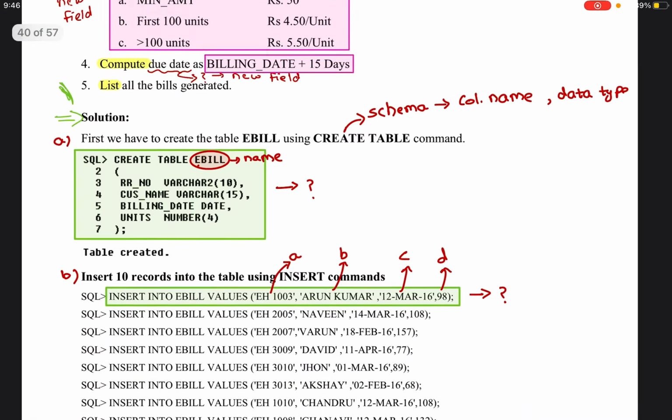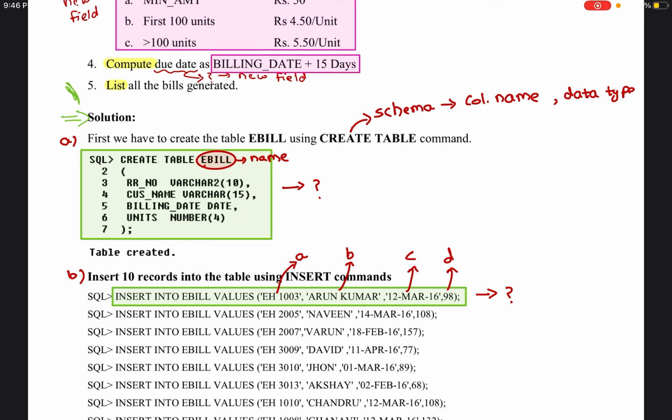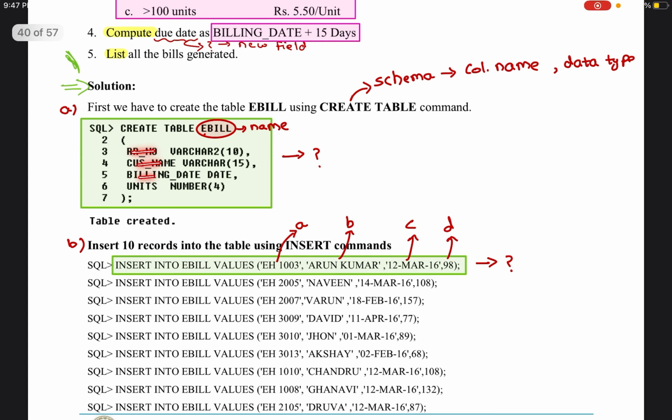Now what is this? Explain this. So this is column name, data type, column name, data type, column name, data type, column name, data type. Fine, and every SQL command ends with a semicolon. Okay, create table. I am asking SQL, please create a table with the table name eBill, in which there will be 1, 2, 3, 4 columns.